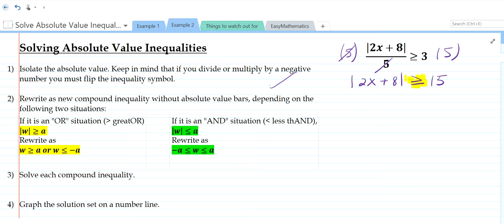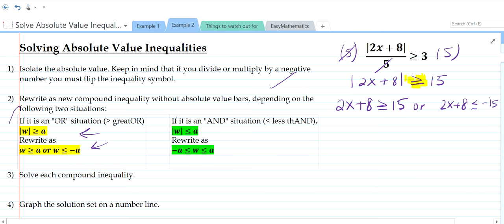So we are going to rewrite it as an or statement. You write whatever is inside the absolute value, without the absolute value bars, is greater than or equal to 15, or 2x plus 8 is less than or equal to negative 15. Okay, so we're done with the rewrite. We're done with step 2.